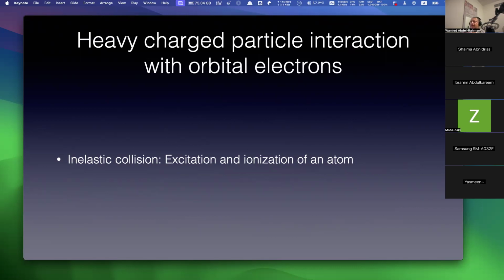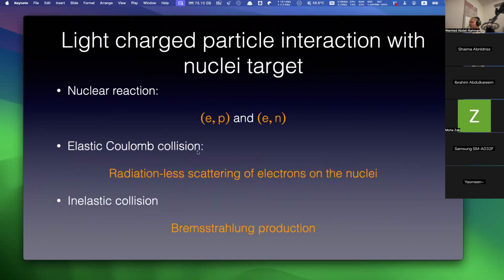Because of that, if we have a vacancy, the atom will undergo atomic relaxation processes where electrons from higher orbits fill the vacancies in the lower orbits, emitting characteristic X-rays or Auger electrons. So this is, again, an example of inelastic collision of heavy charged particles with orbital electrons.